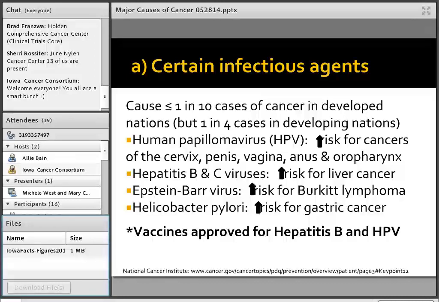Hepatitis B and C viruses can cause increased risk for liver cancer. Epstein-Barr virus can increase risk for Burkitt lymphoma, and Helicobacter pylori causes increased risk for gastric cancer. And always important to keep in mind that vaccines are approved for hepatitis B and HPV, which can significantly decrease risk of getting those types of associated cancers.